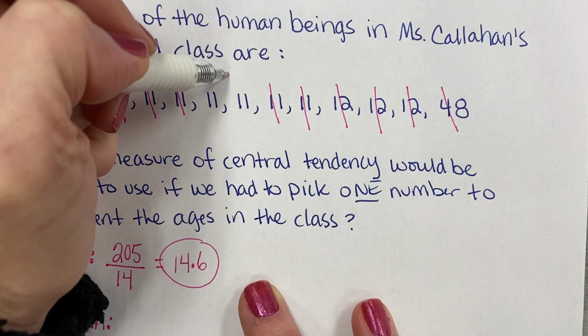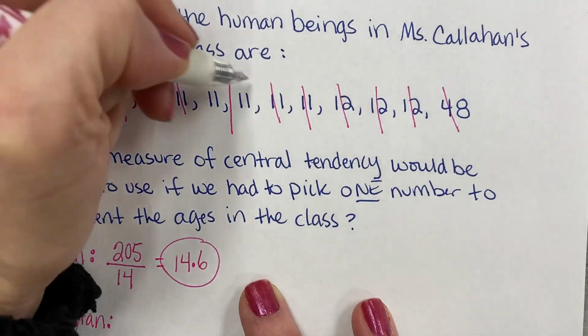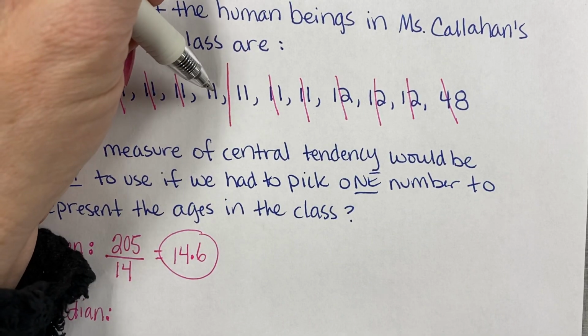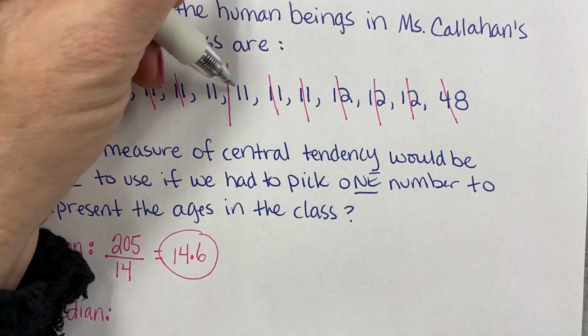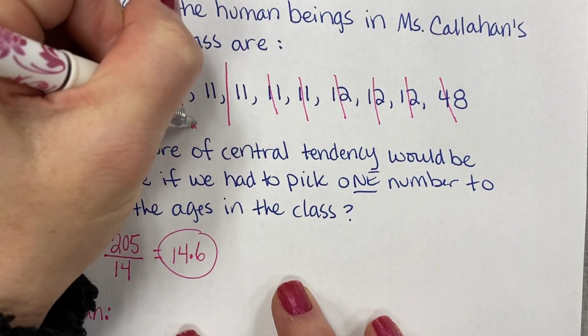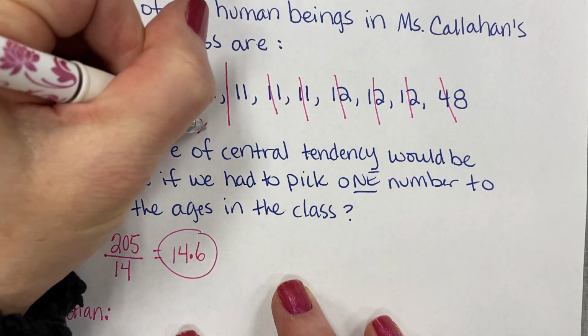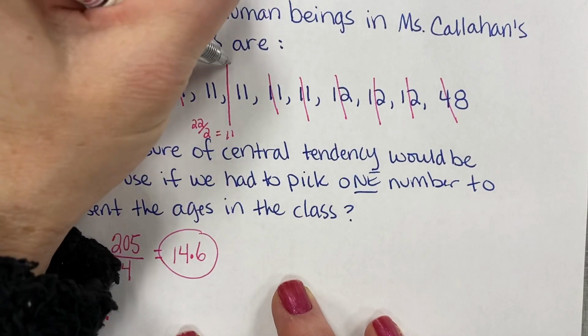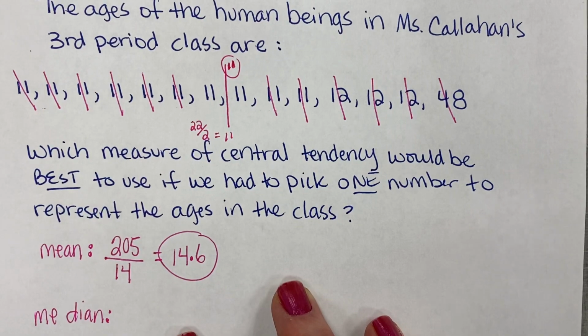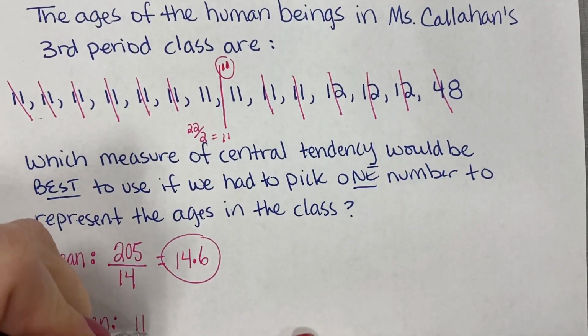So I want to find the middle of that, so I'm going to find the average. Well, the middle of 11 and 11 is 11, but if you want to add them together, 11 plus 11 is 22, and 22 divided by 2 is certainly 11. So the median, or the middle of my data set, is 11.